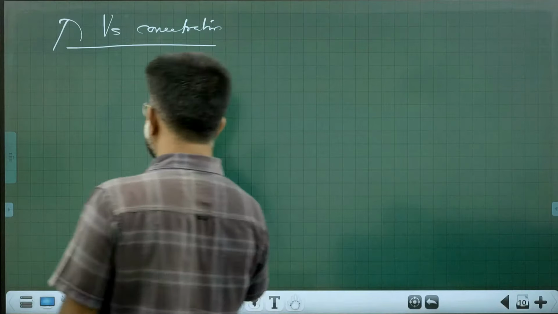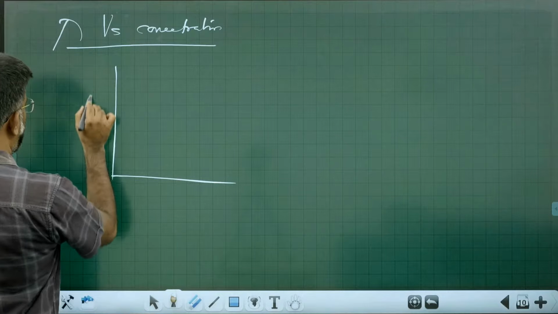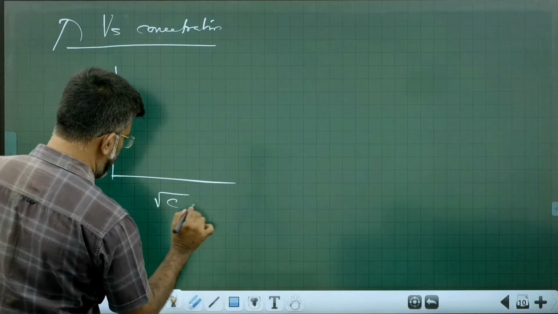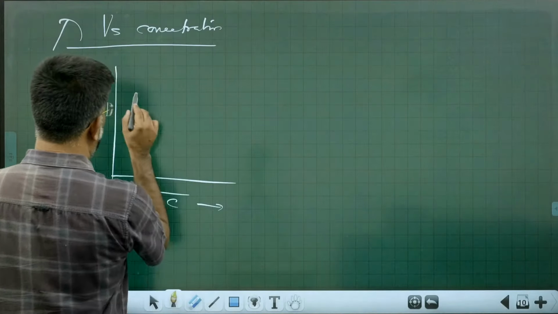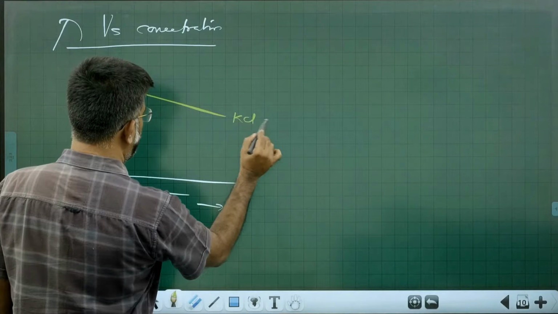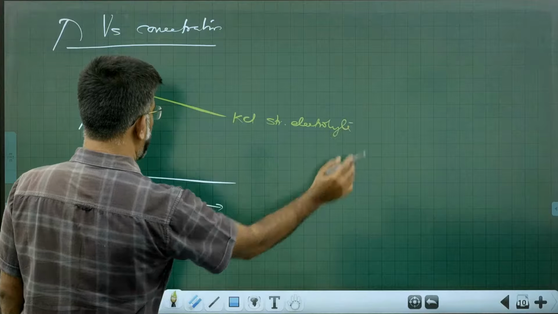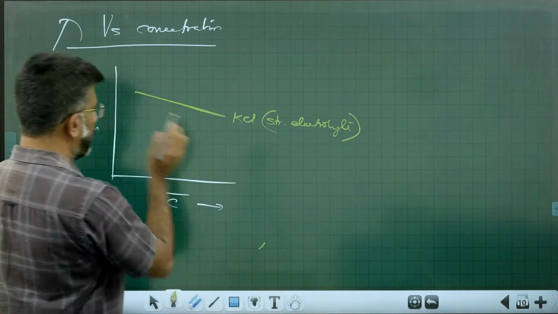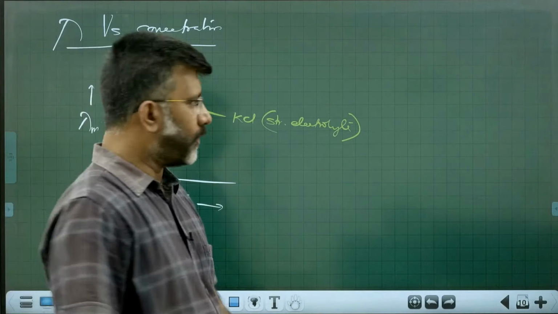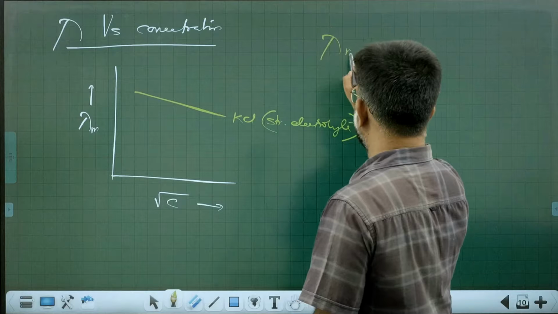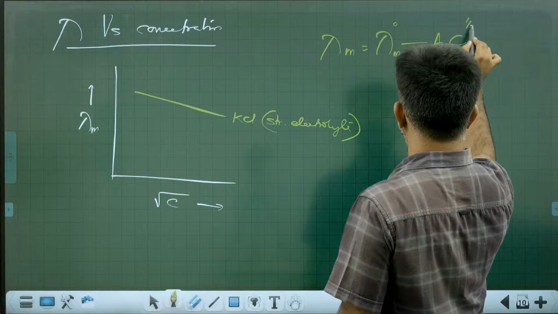We can find the observation to be like this: lambda m versus square root of concentration. For a strong electrolyte like KCl, the graph is a straight line following the equation lambda m is equal to lambda m0 minus A C raised to half.